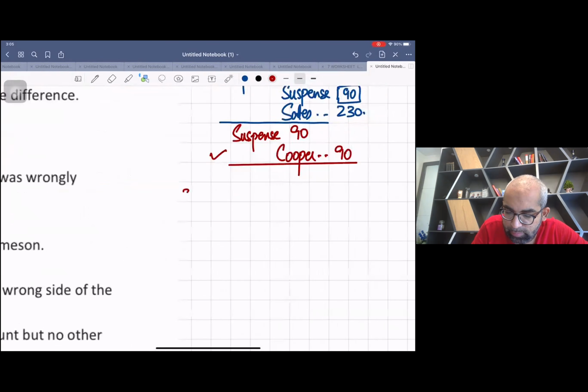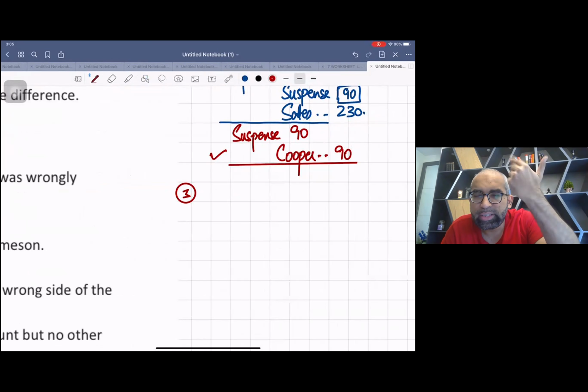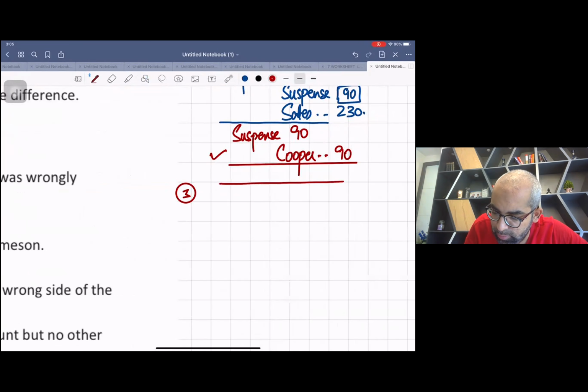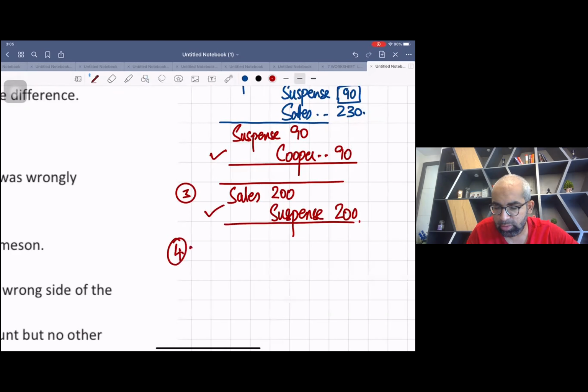Listen, by mistake they have over added the sales. So now as we are doing correction, we'll decrease the sales. So when sales is decreased, we debit sales, and credit the suspense account. Okay, so this is error number 3, very old and very famous error.